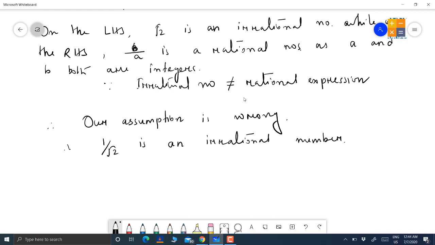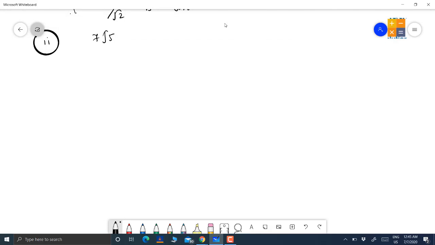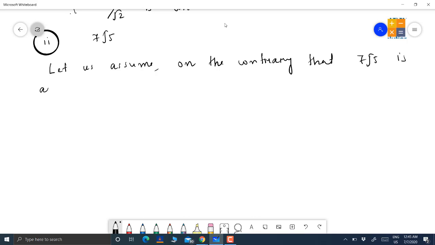Similarly, coming to the next part, the next is Roman 2. Here the term given is 7 root 5. So here in this case, what do I have to write? In the same way we have to proceed. Let us assume, on the contrary, that 7 root 5 is a rational number.